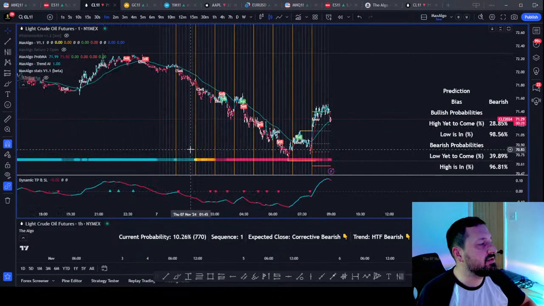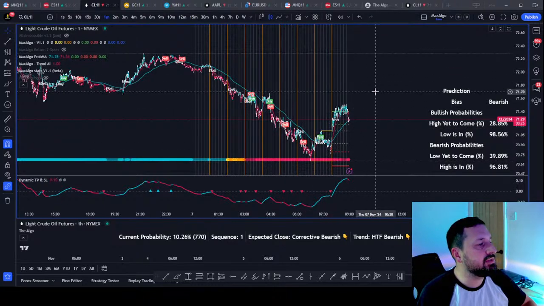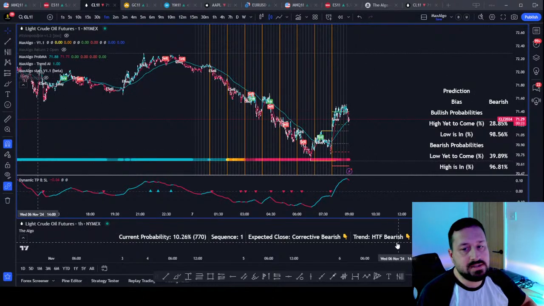Any fib traders, here's your low, here's your high, potential retracement, continuation. Higher time frame is still bearish.